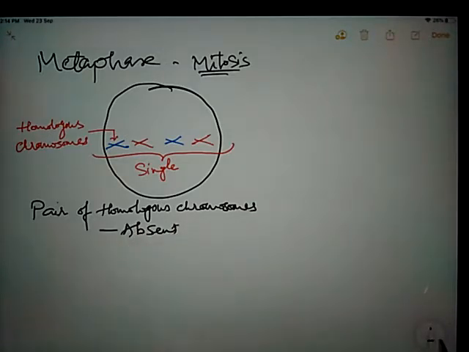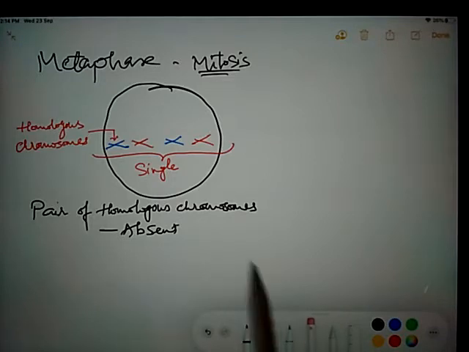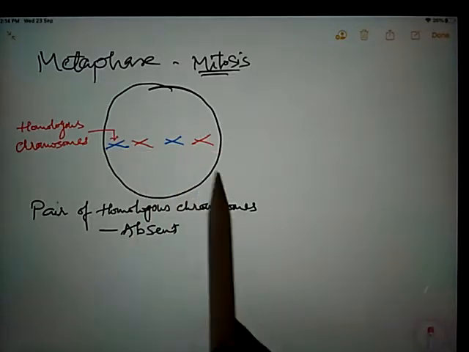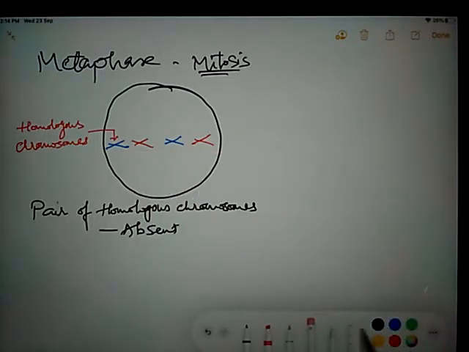So they are arranged in a single equatorial plate.